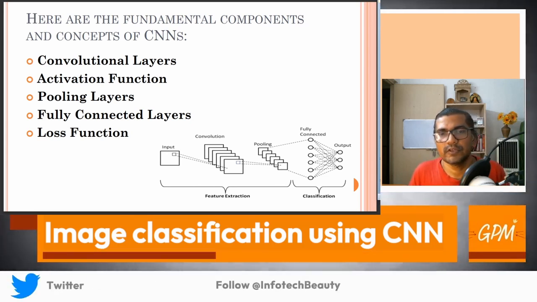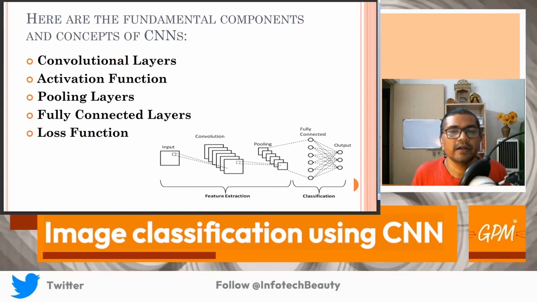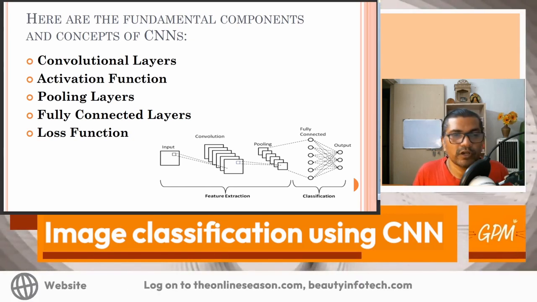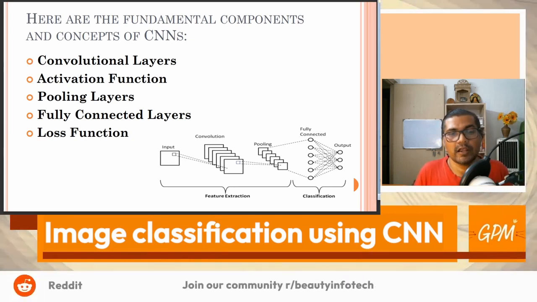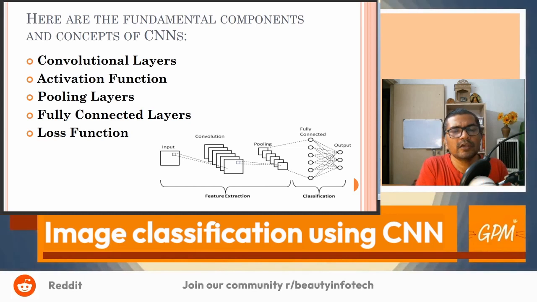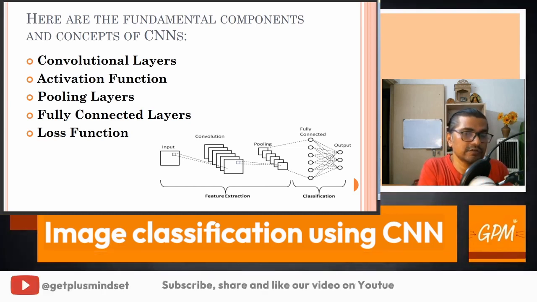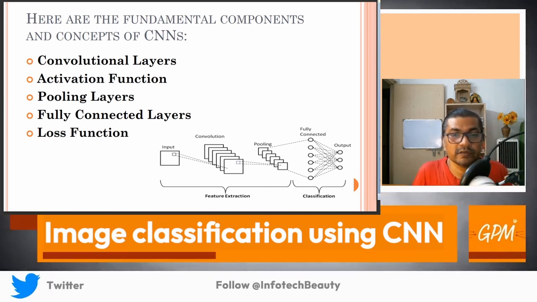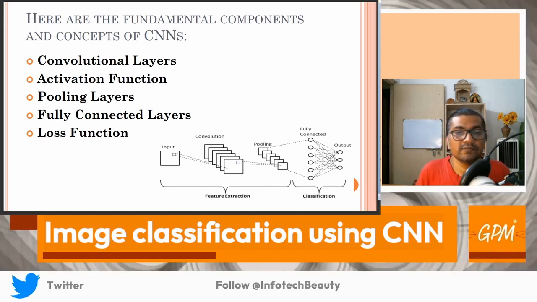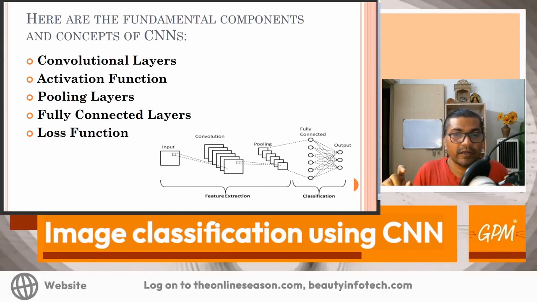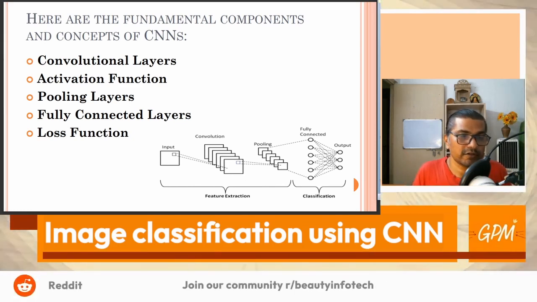Now the next layer is fully connected. You can see the fully connected layers are just before the output layer. After several convolutional and pooling layers, you don't need to know how many convolutional layers or pooling layers are behind it, the result is the feature map. The feature map is flattened into a 1D vector.